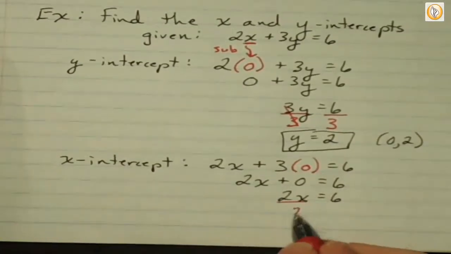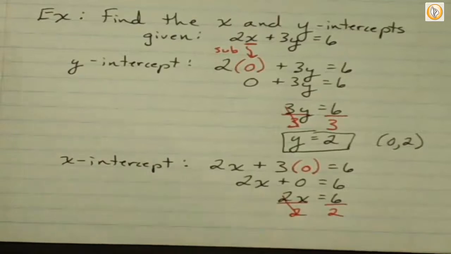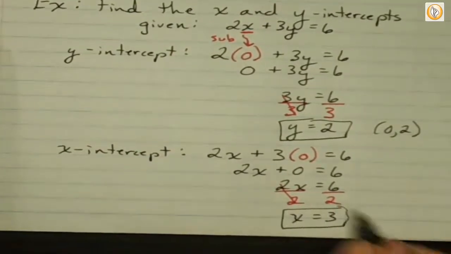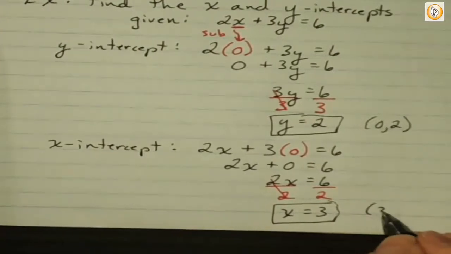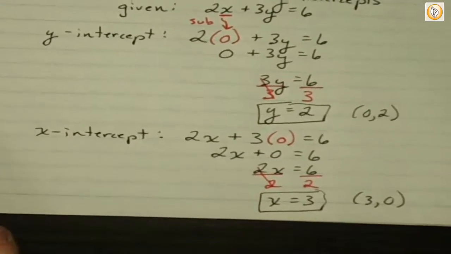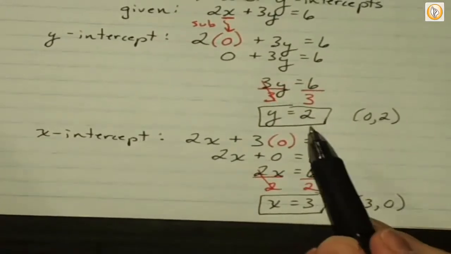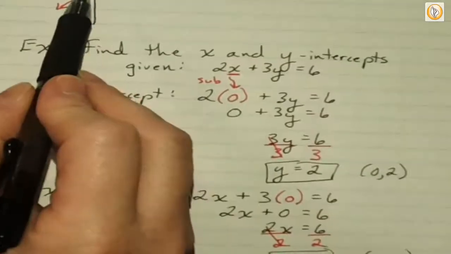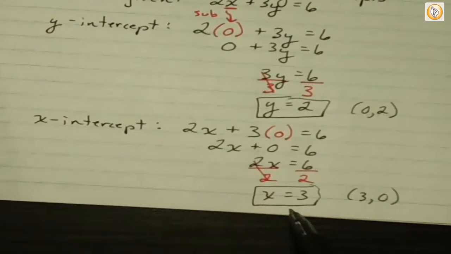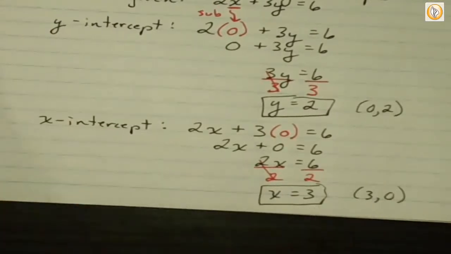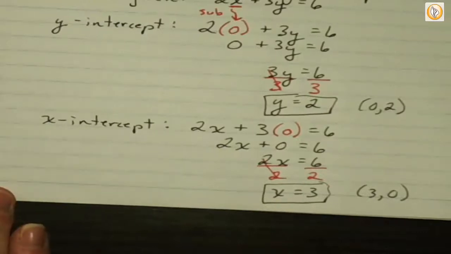Now I divide both sides by 2, and I get x equals 3, which is really saying 3 and 0. So those are my two intercepts. All I'd have to do is put a dot on the 2 on the y-axis and a dot on the positive 3 on the x, and connect the dots. That's all you'd have to do.